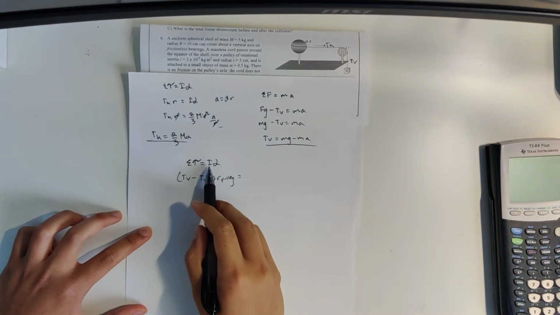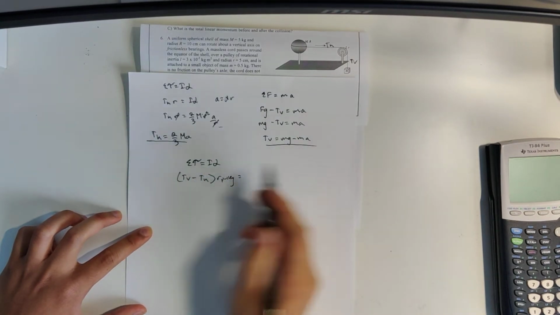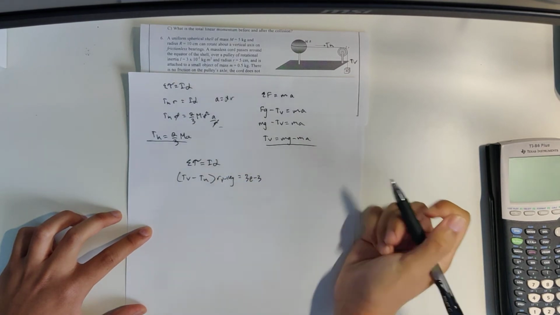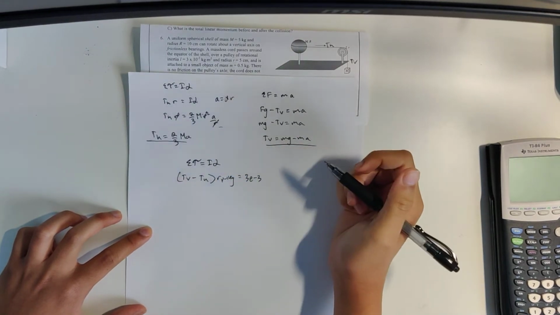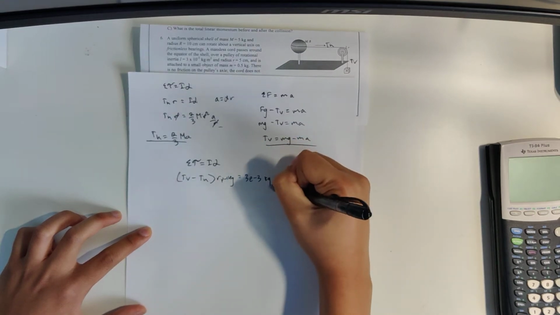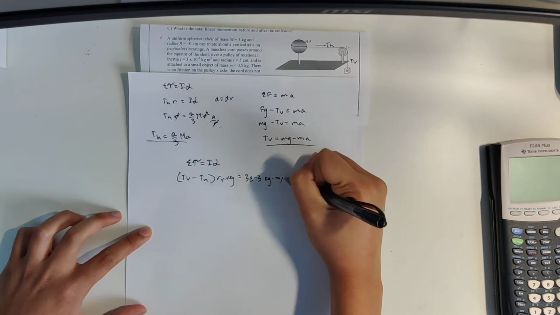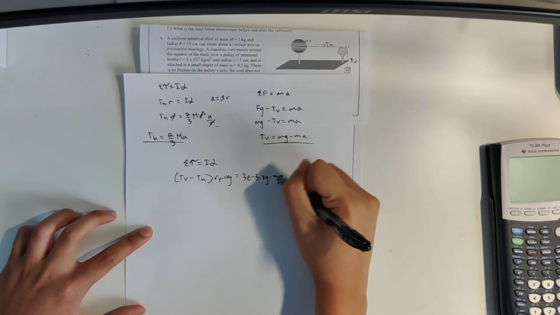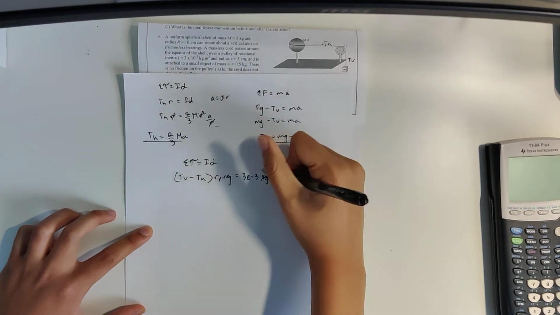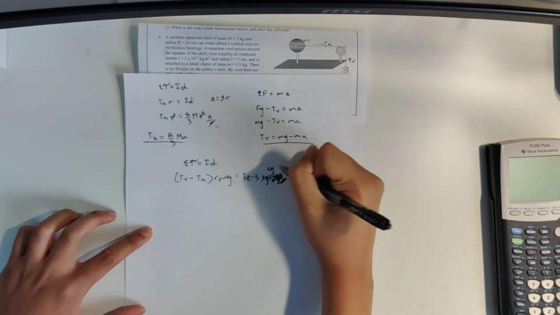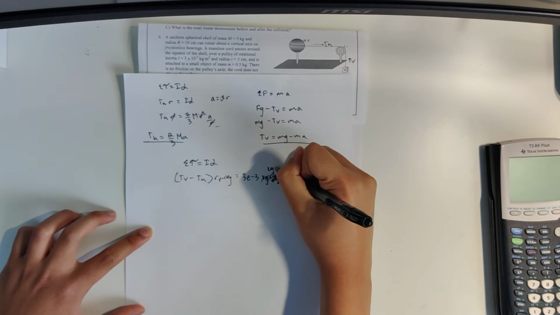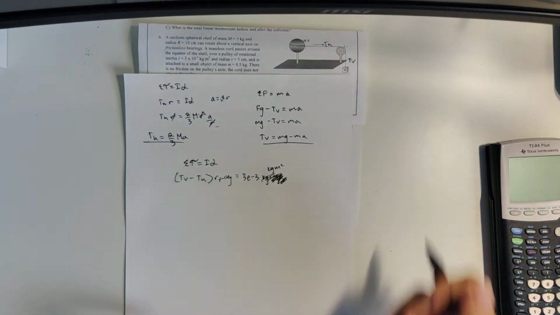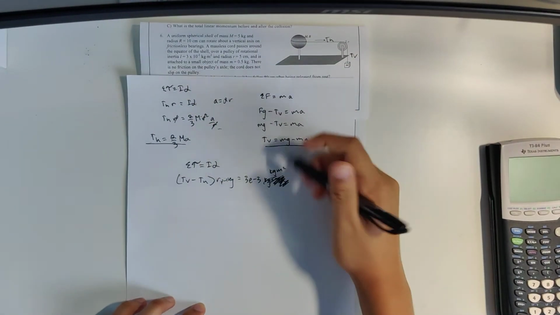And then that equals, so your I is already given as this number. Units for that would be kilograms times meters over second. Right? No, that is, no. Kilograms times meters squared. Yeah, it says it right there.